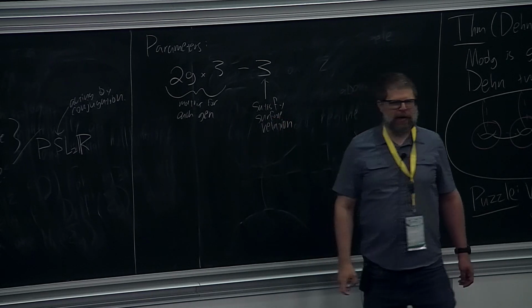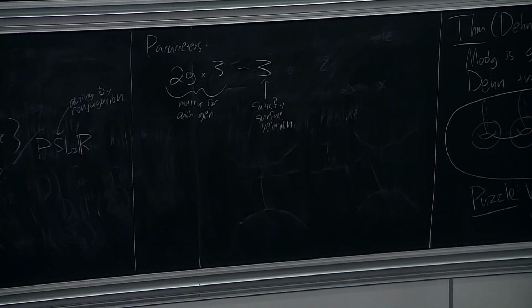So the dimension of the space, naively, obviously this is not a rigorous argument. Naively, the space of homomorphisms from pi1 to PSL2R should be 6G minus 3-dimensional because you have to choose 6G matrices, each matrix gives you 3 degrees of freedom.